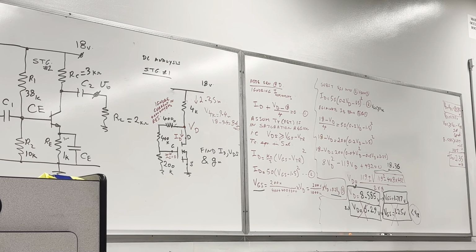It's useful to do such a check, because no matter what we do, mistakes are possible. So this is done. We collected the data. We know it is in saturation.